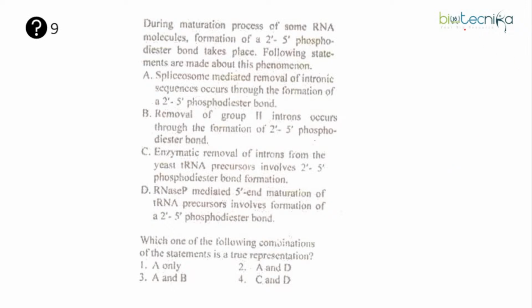They are saying that during the maturation process of some RNA molecules, formation of a 2'-5' phosphodiester bond takes place. Following statements are made about this phenomenon. You have to select the statements which are true, that means the correct statements.